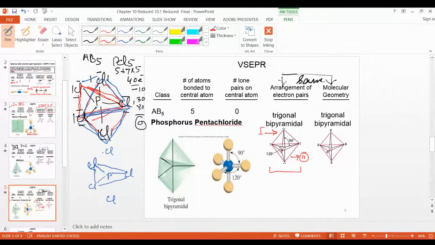There are two triangles, one up, one down, like this.